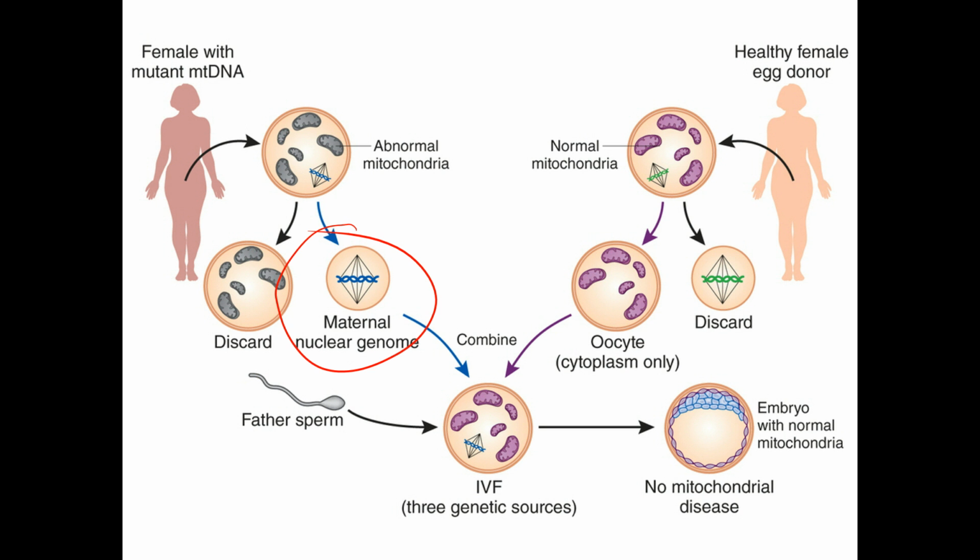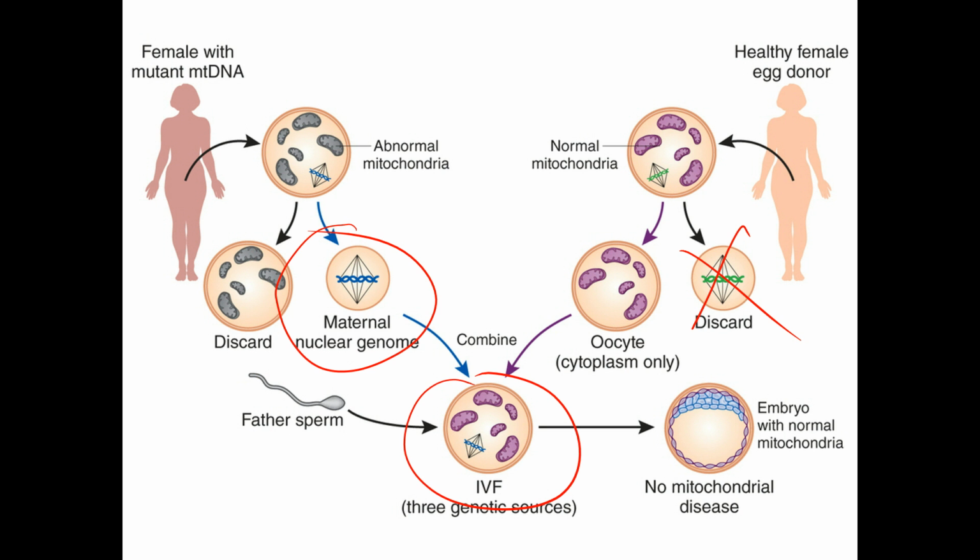You have another healthy female egg donor. She has healthy mitochondria. You discard her nuclear DNA, but you keep her mitochondria. You fuse together; you insert the nuclear genome into the oocyte with the healthy mitochondria.